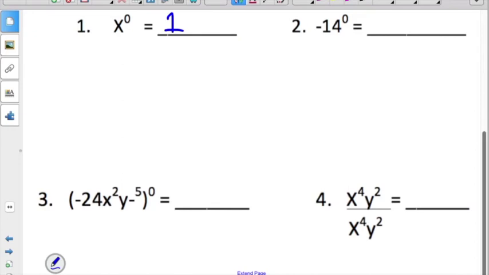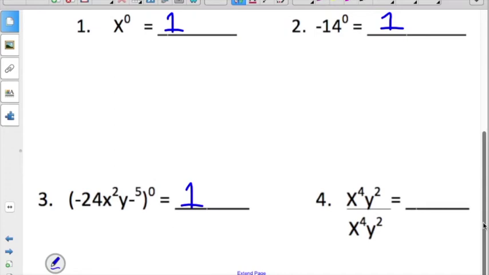Number 2, negative 14 to the 0 power equals 1. Number 3, we have negative 24x squared y to the negative 5th, and that is raised to the 0 power, which is 1.